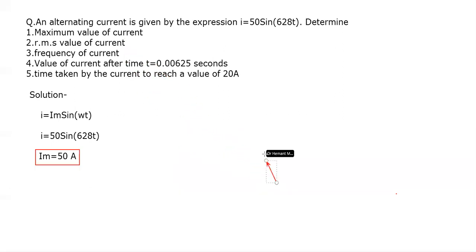Now second, IRMS. We know the relation: IRMS or effective value, whatever you call it, is Im by root 2.